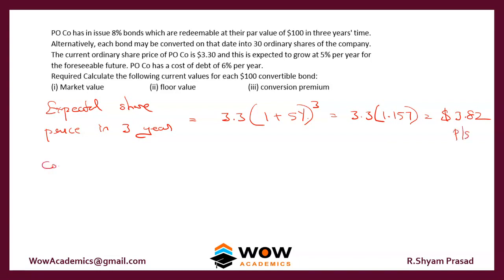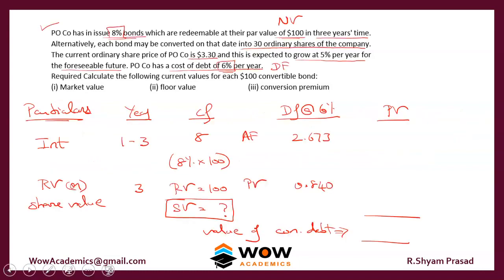So what is the conversion value? Each share is worth 3.82, but how many shares will we get when converted? Each bond will give us 30 shares. So 30 shares put together, we will get 114.6. So this is the conversion value. Whichever is higher, we have to take.